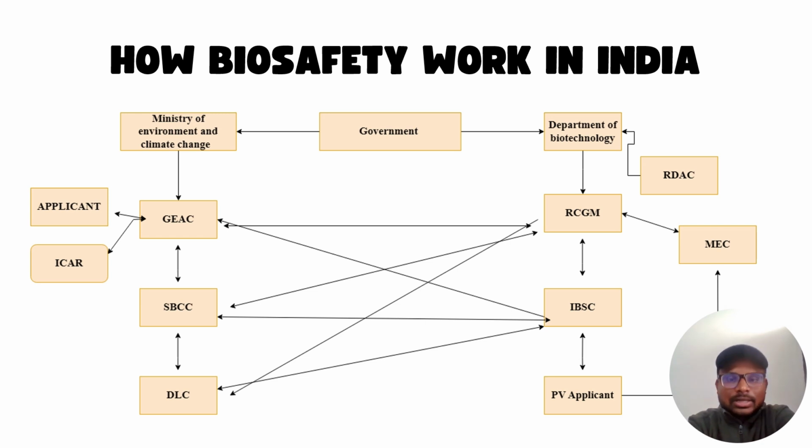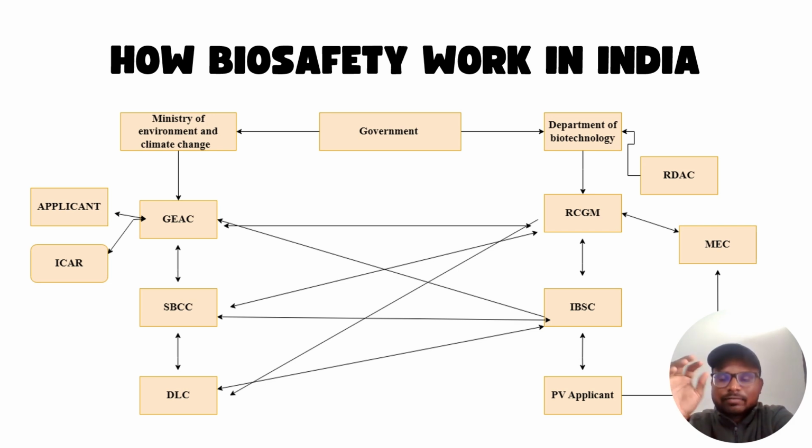And we will discuss how exactly the different authorities have a role in the development and evaluation of transgenic crops. First, for example, take ICAR, our institutes will apply to the GEAC. At each institution level, if you want to conduct a transgenic experiment, we have to constitute an Institutional Biosafety Committee, and we have to take approval from GEAC and RCGM. They are regulated by the GEAC.